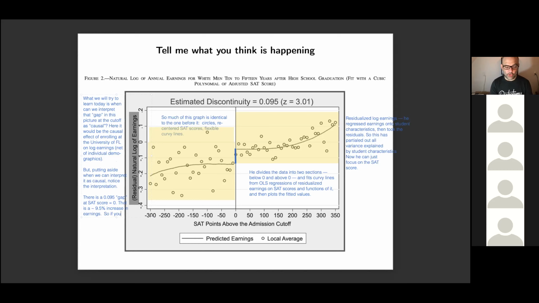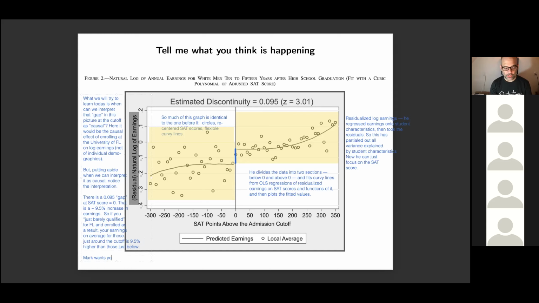So if you just barely qualified for Florida and enrolled as a result, your earnings on average, for those just around the cutoff, are 9.5% higher than those just below.